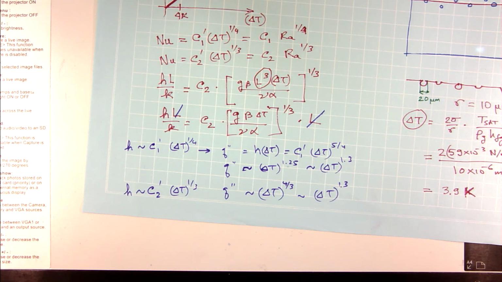There is not really much of a difference in the heat transfer coefficient when it comes to natural convection, whether it is laminar natural convection or turbulent natural convection. So, if I plot the log of heat flux as a function of delta T, I will get a straight line with a slope of approximately 1.3. Does that make sense? Okay.